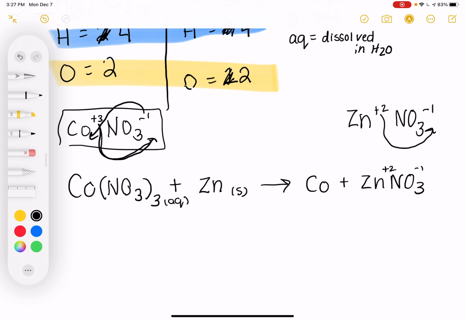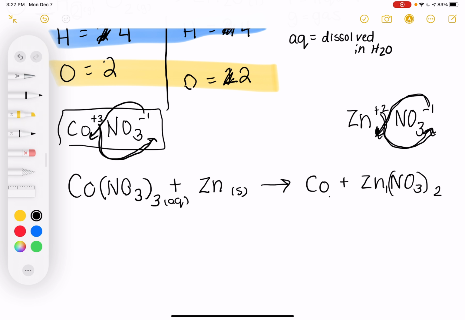We got to do that crossover. So in doing that, this becomes a 2 there. So this 2 comes down right there. The 1, we don't need to put it there. You could if you wanted, but that's that.